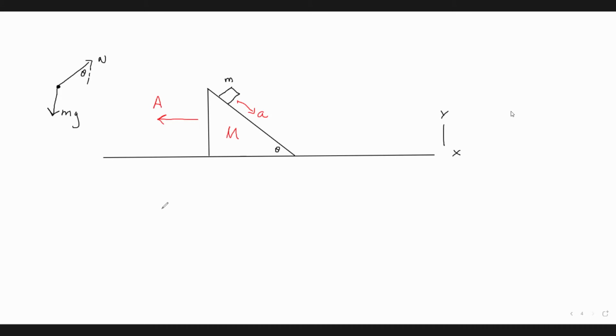Now let's do the free body diagram for the wedge. For the wedge, I have big M times G. I have the normal force of the floor acting on it.